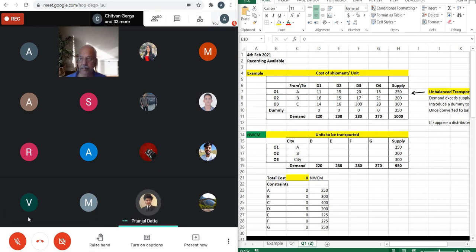Then we used the northwest corner method, VAM method and the least cost method as well. These are the three methods that we learned to solve step by step. And lastly, we saw that if it's an unbalanced problem, how to make it balanced. We added a dummy row to equate the total demand and total supply so that it becomes a balanced problem. Okay.